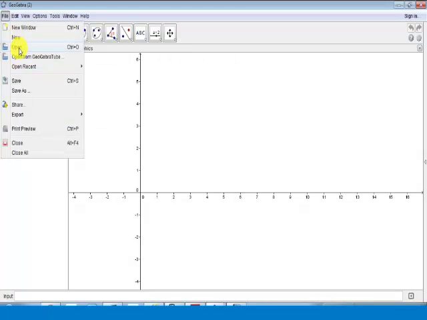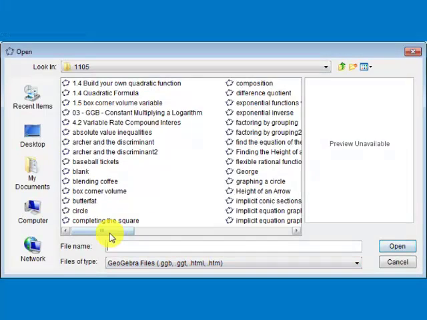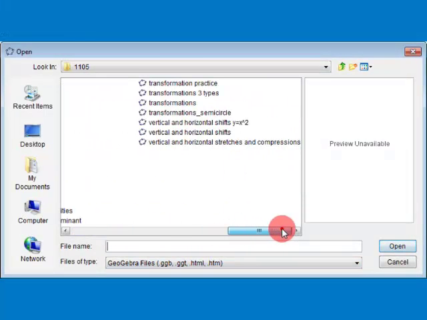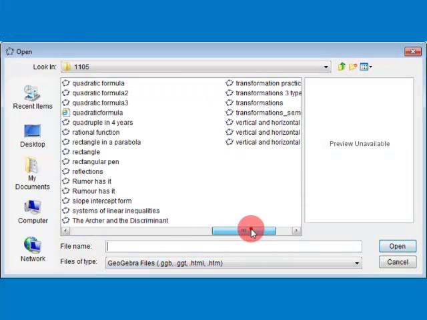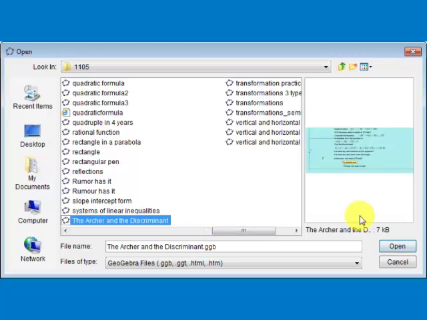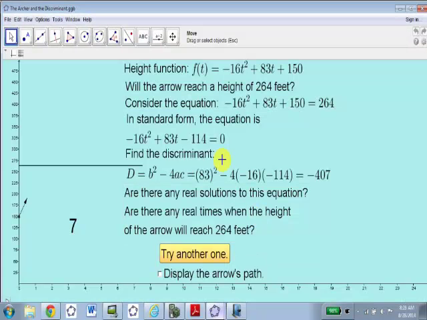Let's see if I can find the archer and the discriminant. I think it starts with T. There it is. The archer and the discriminant. So an application of quadratics, we'll look at several applications of quadratic equations in the next section, 1.5. But here's one, projectile motion.